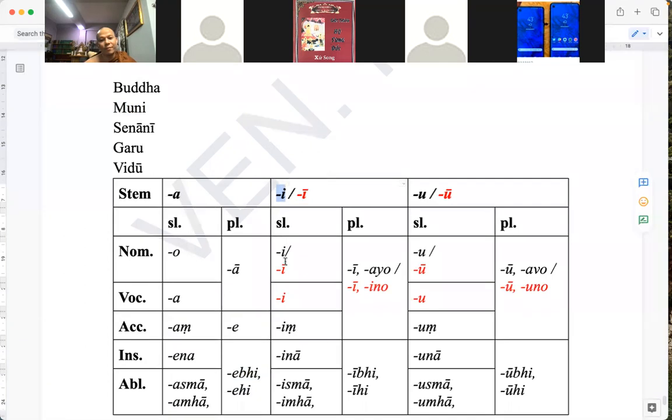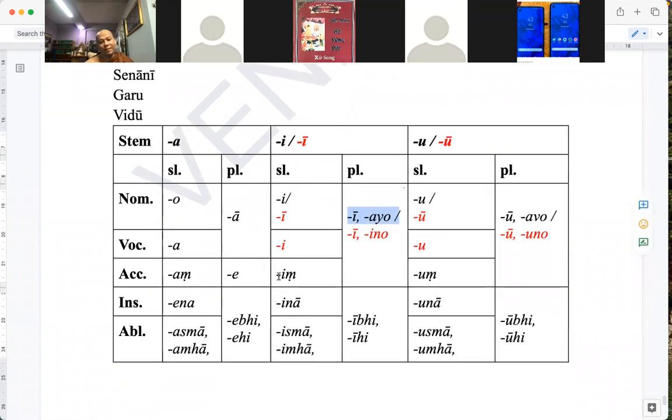Muni. Munayo. Vocative. Muni. Munino. Right? Munino is for long one. That is a red color. Here also red color, you see? Right. Okay. Munayo. Yeah. And accusative is munim.